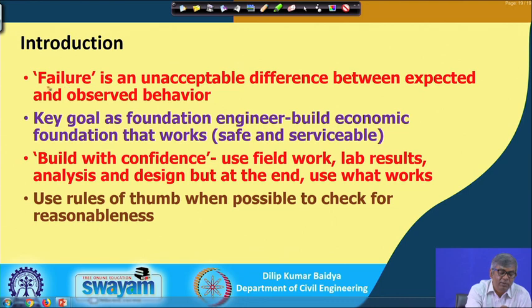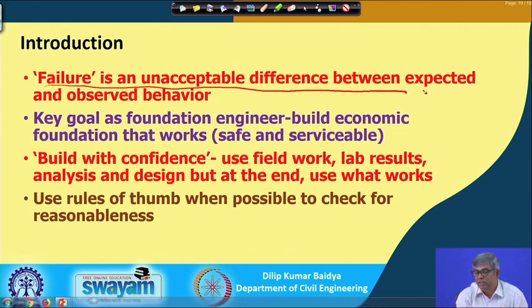You can see, failure is an unacceptable difference between expected and observed behavior. That means you have designed something, we expect it will perform a certain way, and after construction we see what is observed. If whatever was expected and whatever is observed are the same, that is a successful design. But if what was expected and what you are observing differ too much, that means a failure.